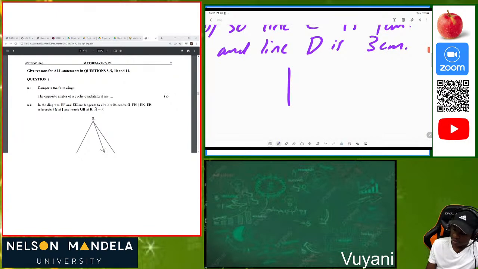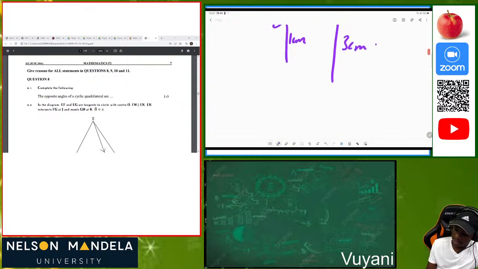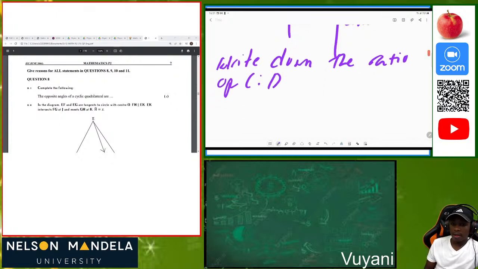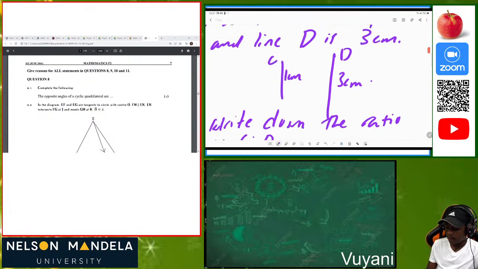To illustrate them, this is line C, which is 1 centimeter. This is line D, which is 3 centimeters. Then they say, write down the ratio of C is to D. This is my question which I just made for you guys.